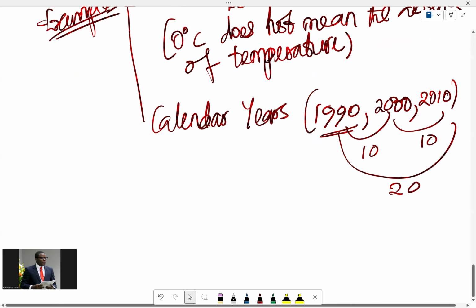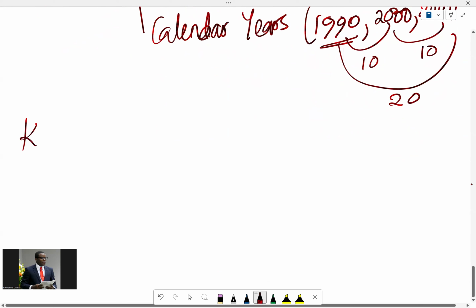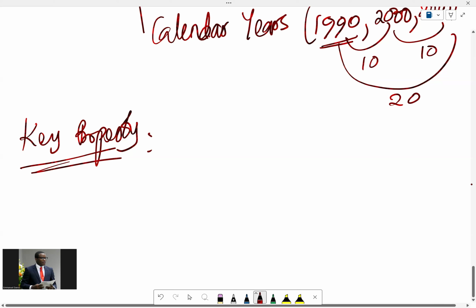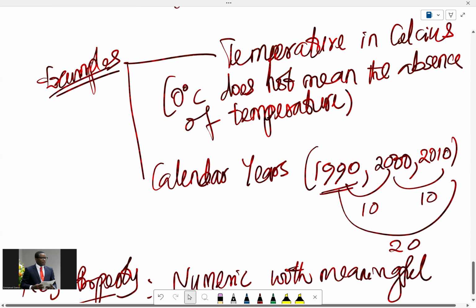And then the key property here, just to drive the point, as we've mentioned before, is that interval scale is numeric with meaningful intervals. So when we talk of meaningful intervals with temperature, for instance, you have 0 degrees, 1 degree.